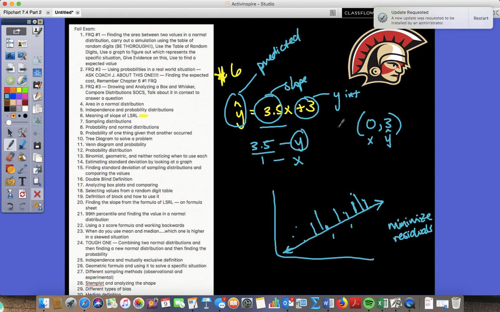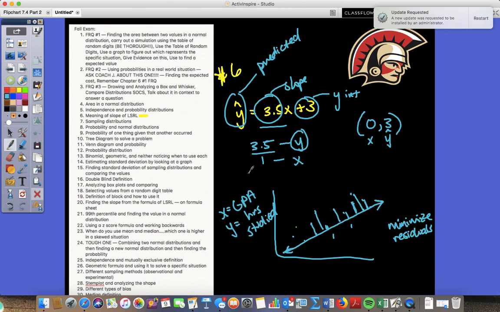So let's say we're talking about GPA and hours studied, where x is the explanatory variable. We'll say x is GPA and y is hours studied. I don't even think this makes sense, but just go with it.